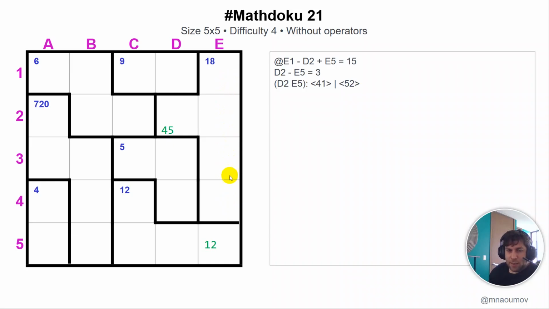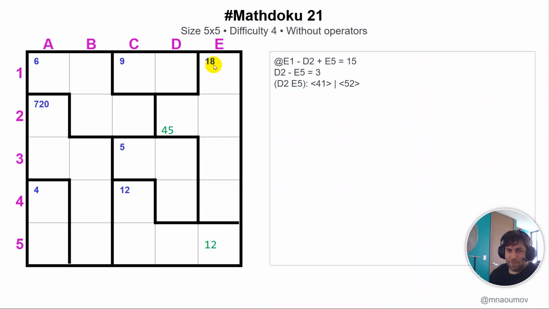And there are two numbers, like 4 and 5, one of which will definitely be in the cells of cage E1. But 4 and 5 don't divide E1, so multiplication can't be its operator.